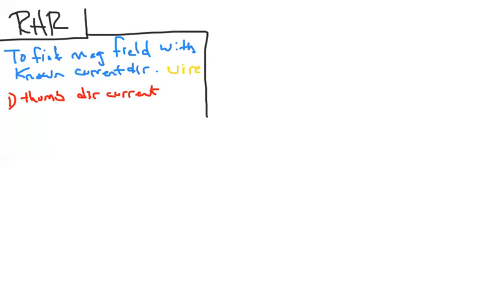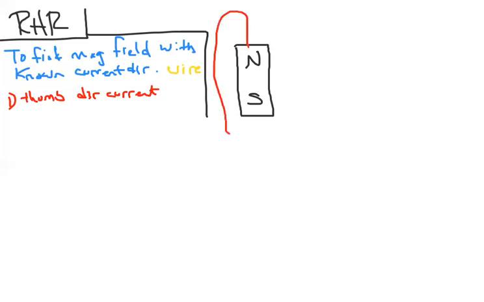Before we do this right-hand rule, let me remind you how a magnetic field looks. We talked about this at the beginning of the chapter. It comes out of the north, goes into the south, and then back, so it's circular, and goes from the south to north inside.